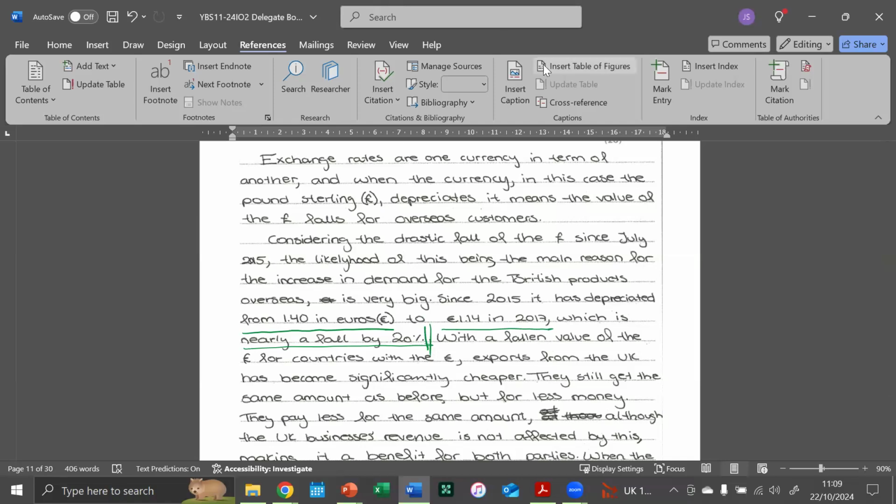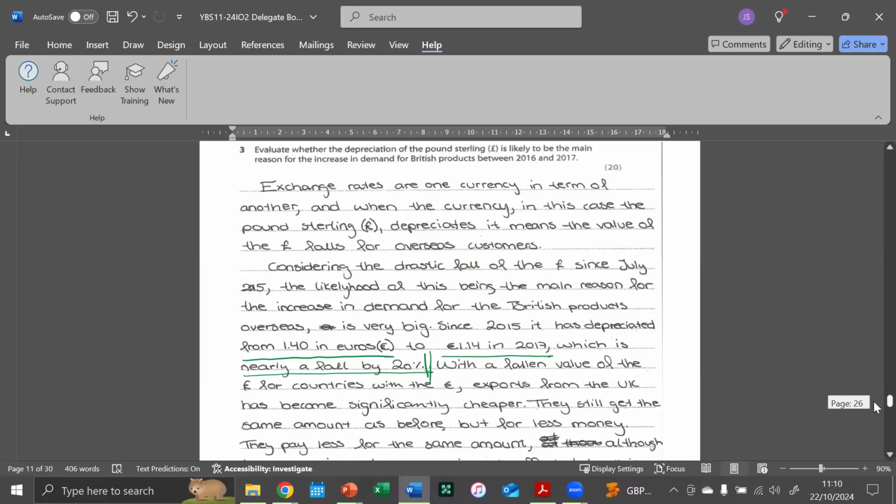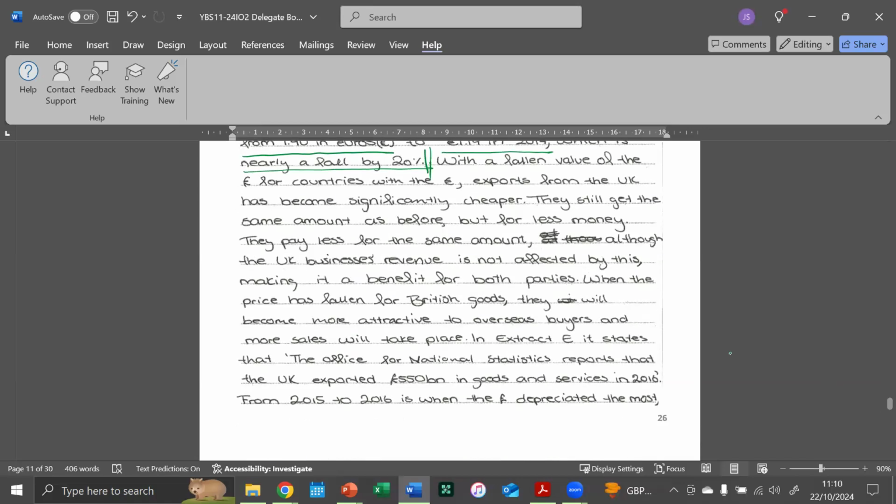So that's quite nice. That's quite a nice little bit of evaluative, a nice nugget of evaluation. We've got some nice development around about here, which is again good. So some nice use of the extracts.